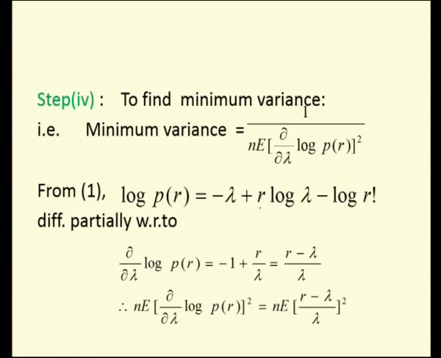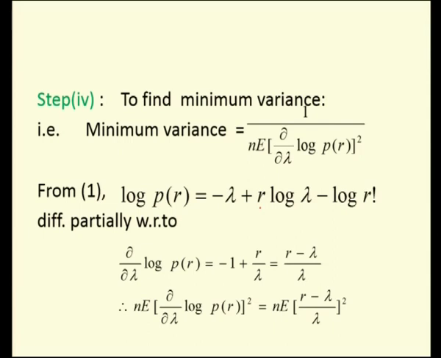So, we have already said that the mean is lambda and x bar is unbiased. Then we have found the variance of x bar. The last step is to find the minimum variance.